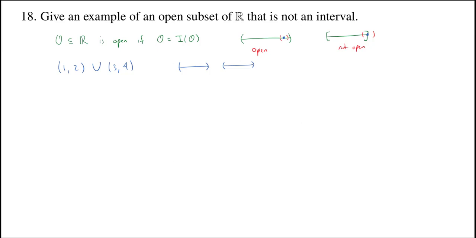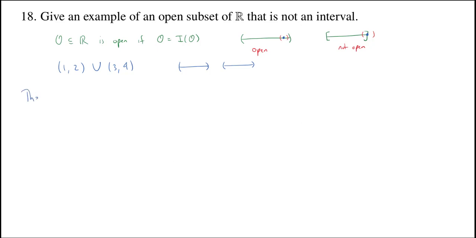Now, while it wasn't required for this problem, I think it's kind of fun to write down a much stronger result. If you were going to write down a solution to this problem, that is some open subset of R that's not just one single interval, then you actually had to answer in a way similar to the example I gave, right?